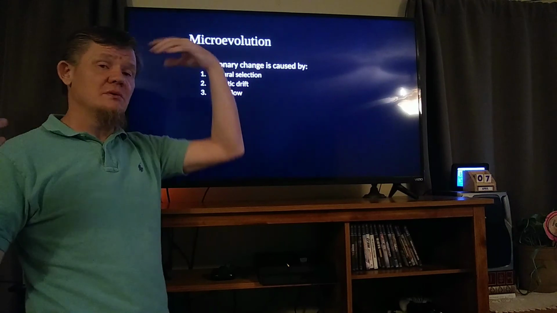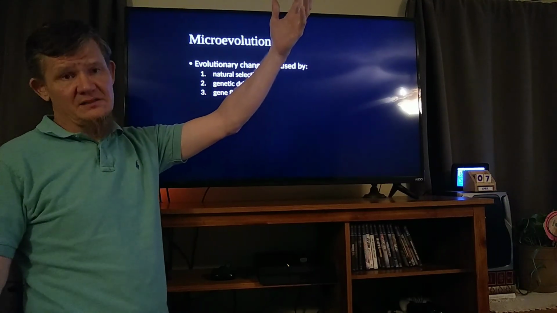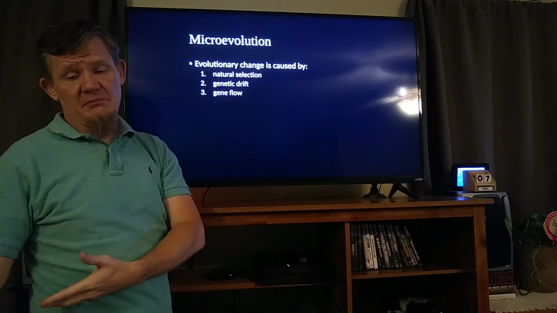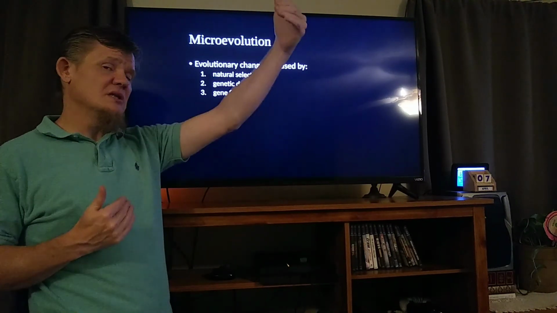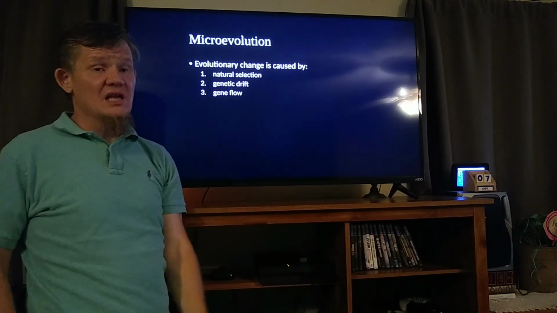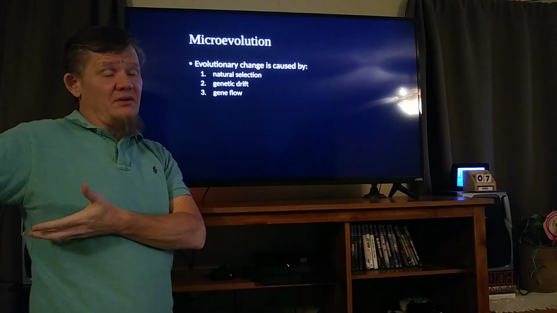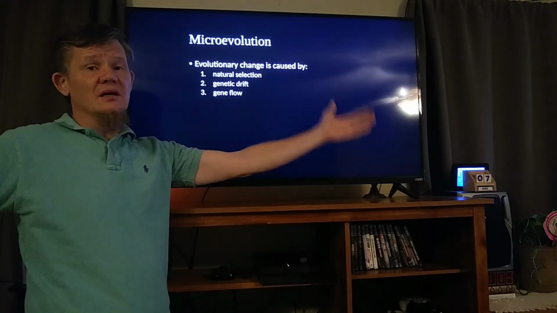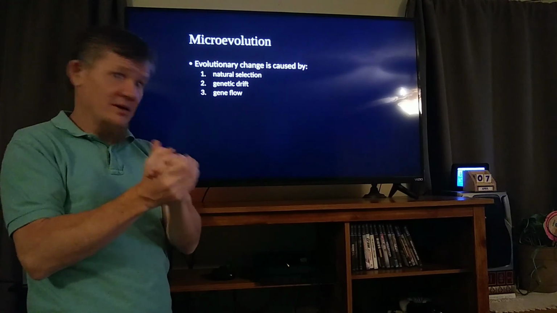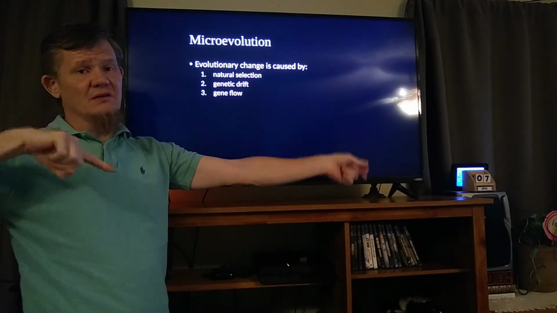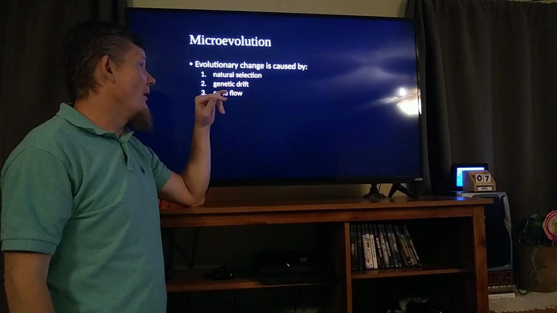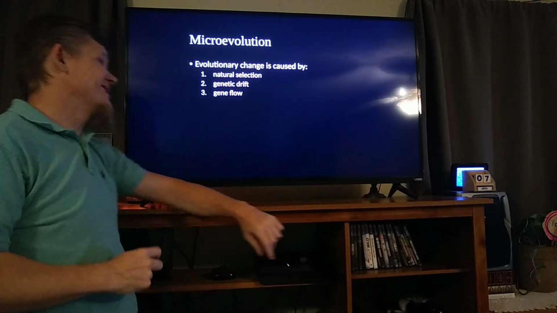If this person moves from Macon to Valdosta and they get married and have babies together, that is gene flow. That is sharing genes between separate populations. If he comes from Africa and she comes from China and they get married together in America, that is gene flow. That is exchanging of genes between different populations. Genetic drift, we'll talk about it in just a second.